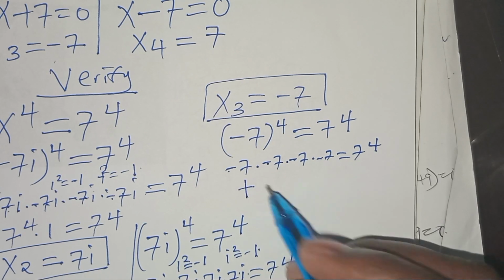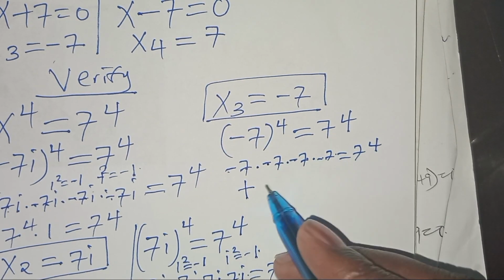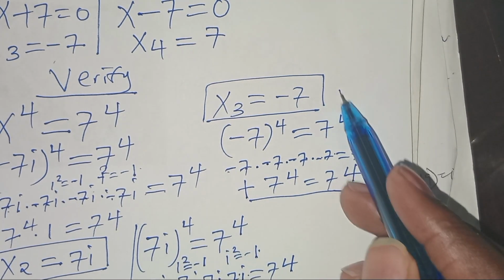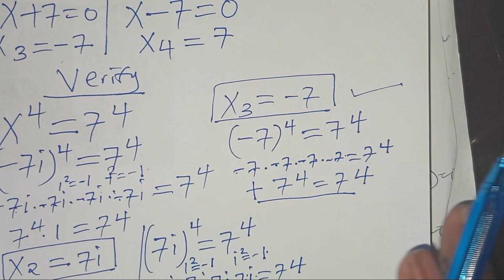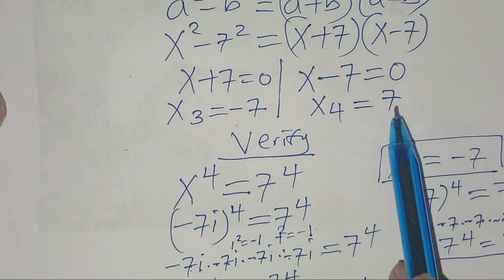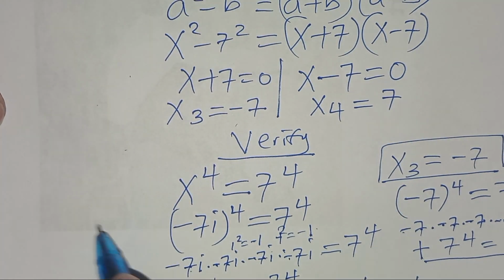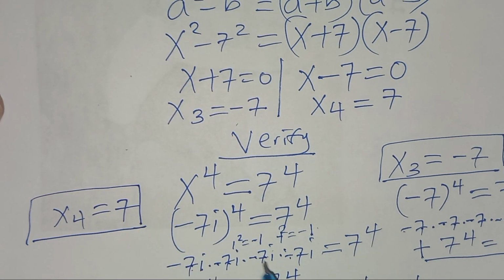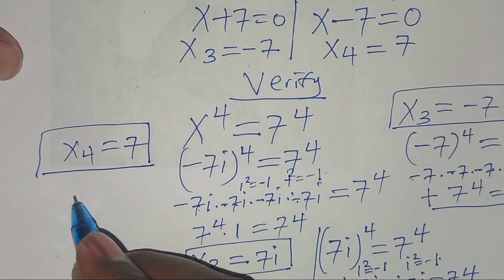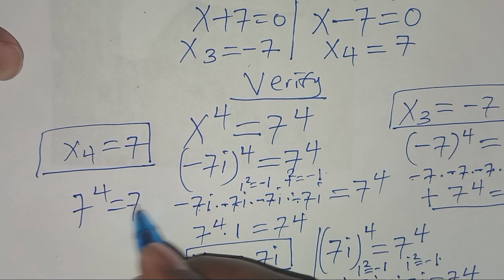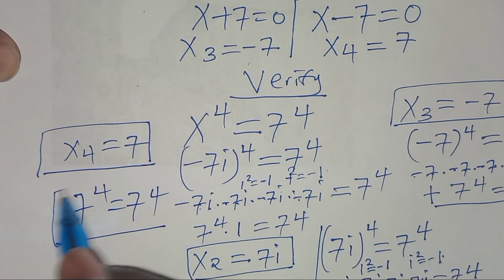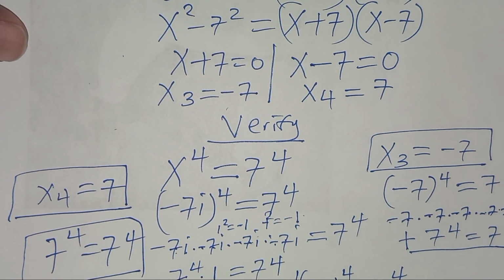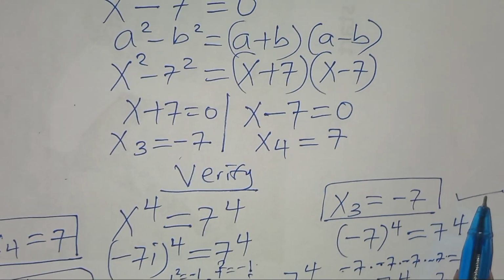So we have positive 7 times 7 times 7 times 7, which is 7 to the power 4. So x3 satisfies the equation. Now let's check for x4. x4 here is equal to 7. If you say 7 to the power 4, this is equal to 7 to the power 4, and that means that the left-hand side is equal to the right-hand side. So that verifies that the four solutions satisfy the equation.